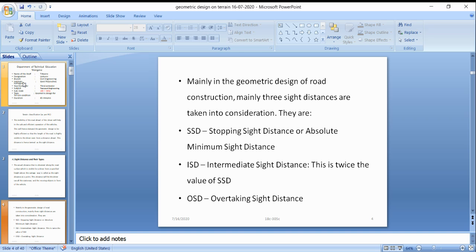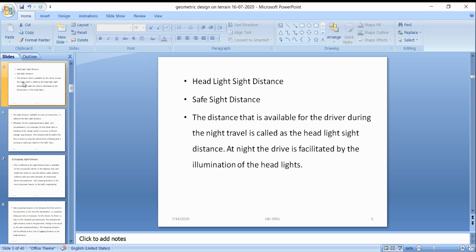This is twice the value of SSD, stopping sight distance. If SSD, for example, is 2 meters, then our intermediate sight distance will be 4 meters, twice. And OSD, overtaking sight distance. So these are the three distances we are going to see.